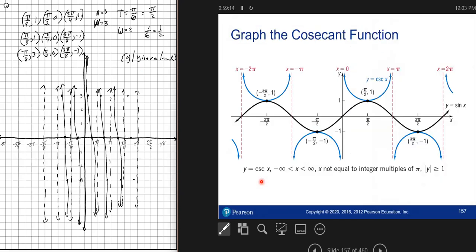All right, this is a graph of cosecant. If you remember, cosecant is the reciprocal of sine.